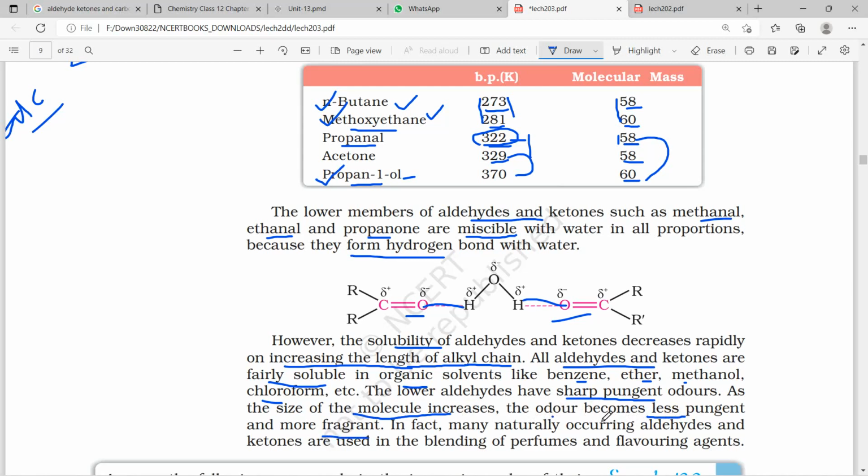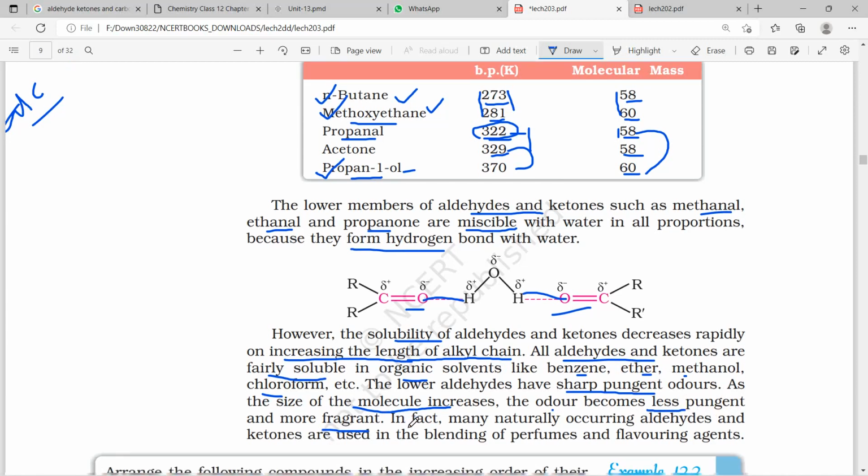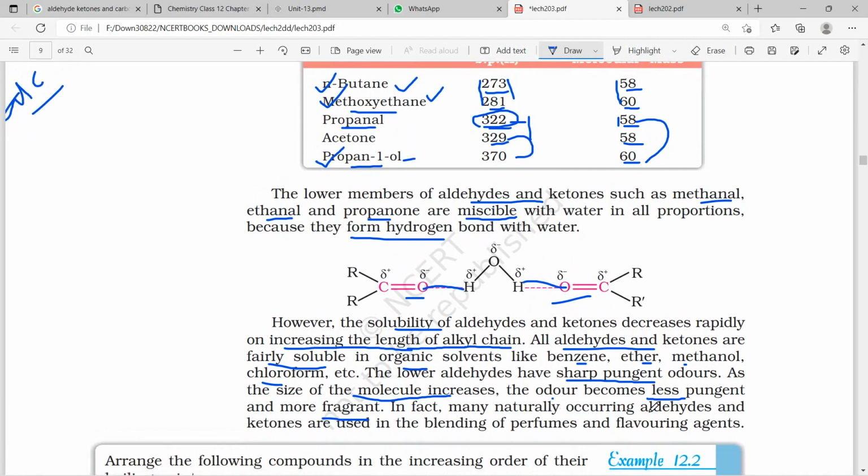When it is a lower aldehyde, it will be more pungent. When it is a higher aldehyde, it is less pungent and more fragrant. That is why many aldehydes and ketones, which occur naturally, are used in perfumes and other flavoring agents.